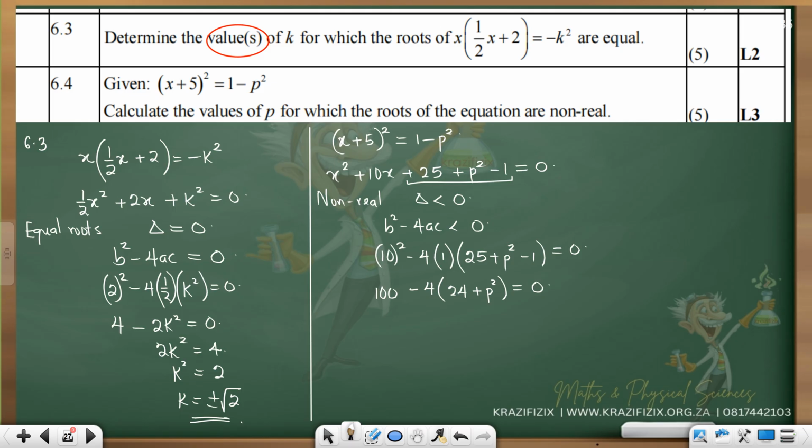In order to simplify, I don't want to expand, but you can expand if you want, but negative 100. Divide both sides by negative 4. Do you see that will give us 25? Now what is p squared? 1. Therefore, what is p? Plus or minus the square root of 1, which is plus or minus 1.